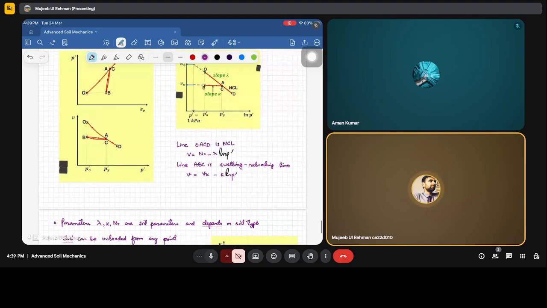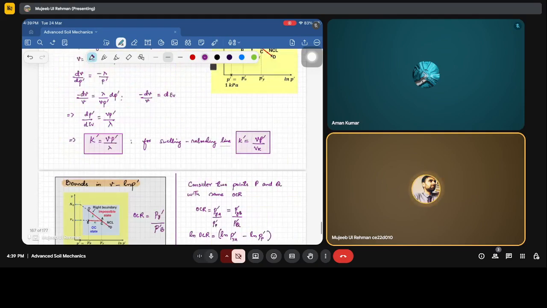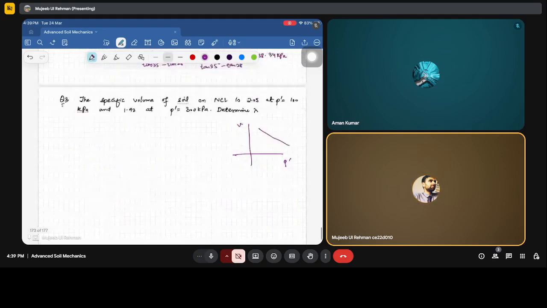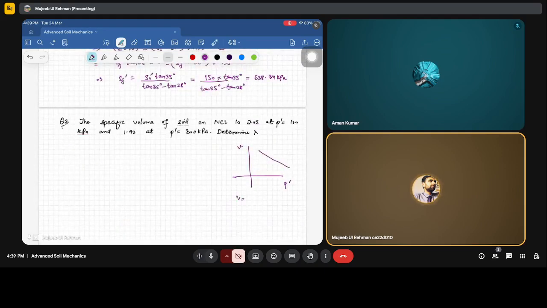Yeah, V is equal to N naught minus lambda times ln of P dash. So we have the equation V is equal to N naught minus lambda times ln of P dash. Fine. So the first point lies here at 100 kPa and another is at 300 kPa. We have to find the lambda, that is the slope of this line. So we write V1 is equal to N naught minus lambda ln of P1 dash.